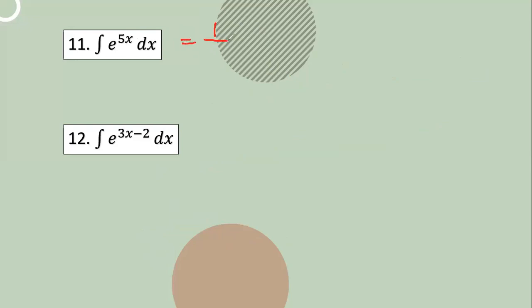So 1 all over 5 na agad yan. Saan nanggaling yung 5? That is yung kasama ni x. So 1 over 5 and then just copy the original function. And that's it for integral of e raised to 5x dx.